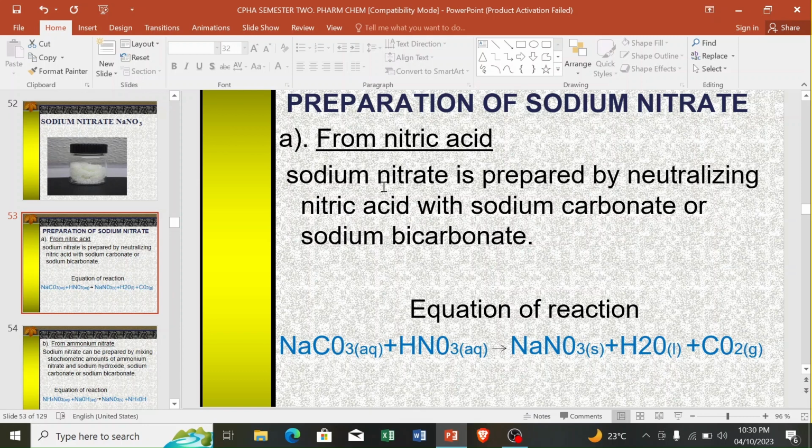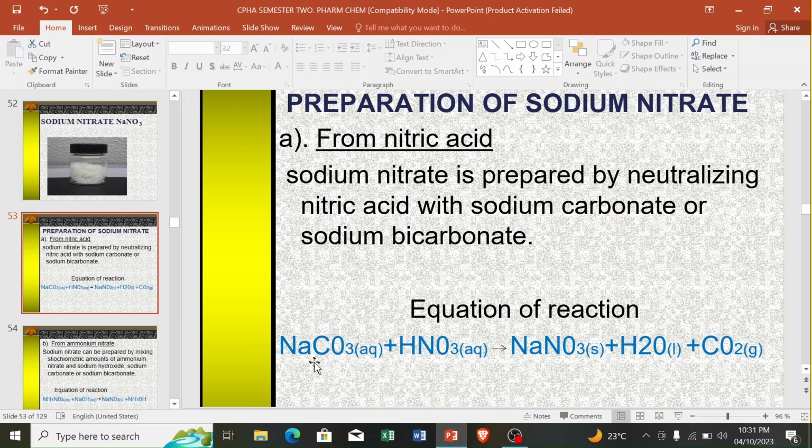How? We need to have a carbonate reacting with nitric acid, because sodium nitrate is prepared by neutralizing nitric acid with sodium carbonate or sodium bicarbonate. So this is a chemical symbol of sodium carbonate, capital N, small a, capital C, capital O, and 3.